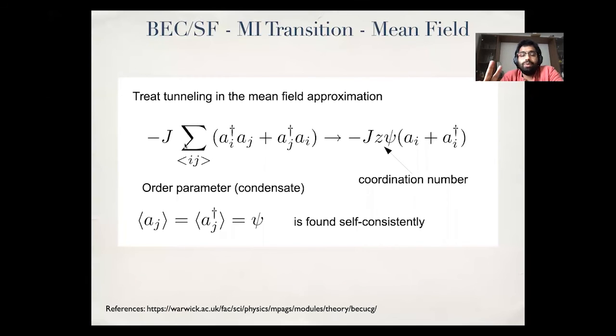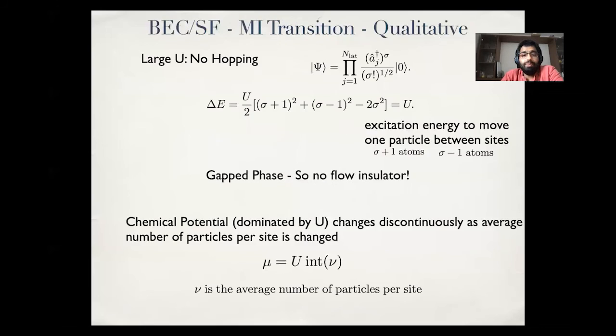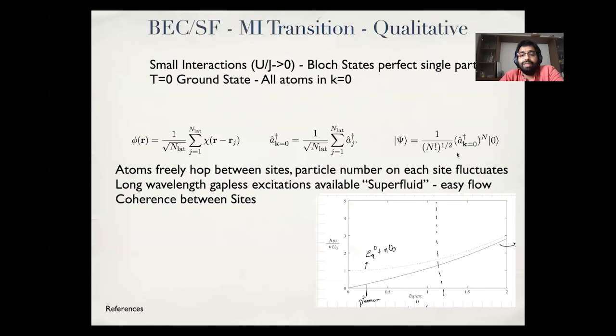The second thing I want to do is make a mean-field ansatz for my perturbation, where I assume that these a_j dagger have a finite amplitude. This finite amplitude is a feature of having a superfluid state. You can see that immediately by looking at what sort of state we have in the superfluid.